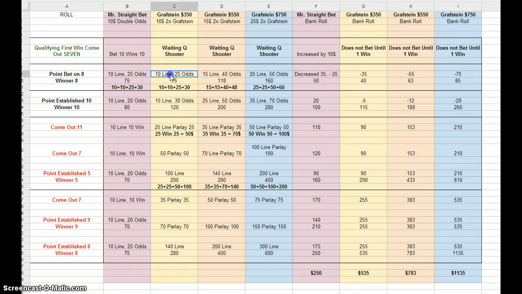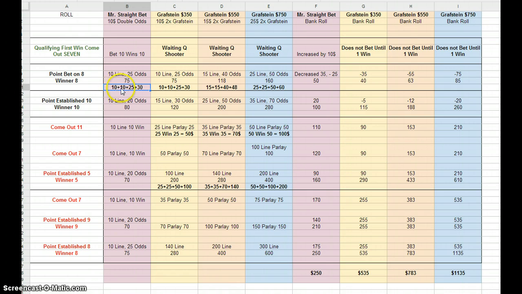So you can see that our $10 better bets $10, our $15 bets 15 on the line, and our other shooter bets 25 on the line, and these are the appropriate odds that they take according to Grafstein. And in addition, you have your straight 10 plus 25 odds. When the point is established, there's a win, and this is the math behind the win.